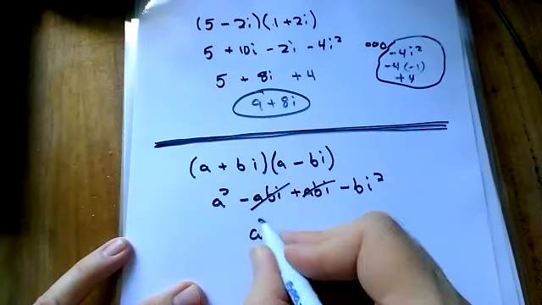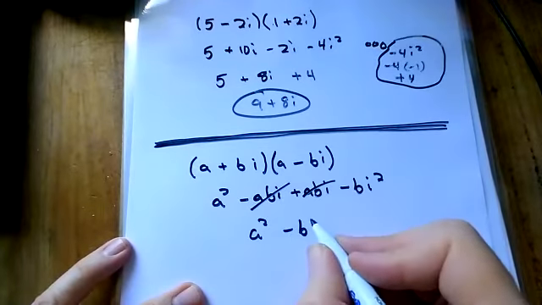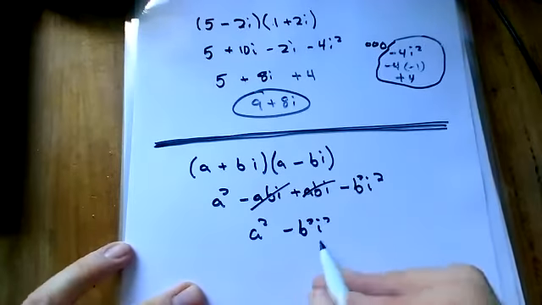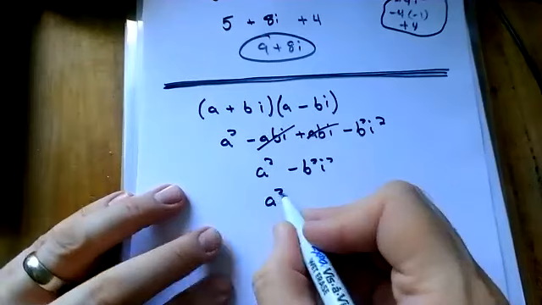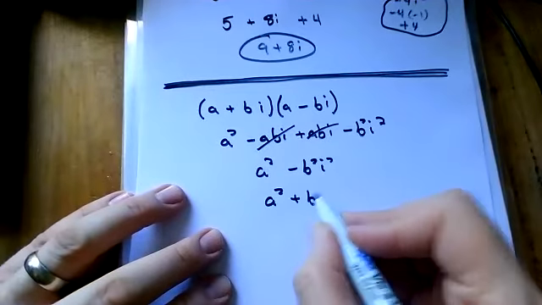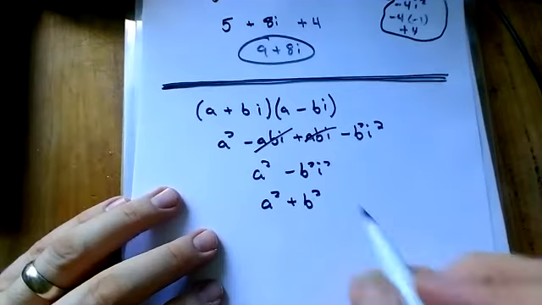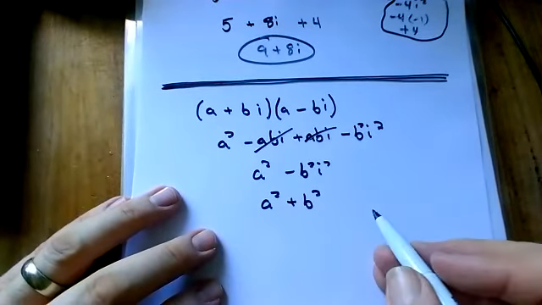So I've just got a squared and minus this, that's b squared i squared. But that i squared just is a negative 1. So this is going to turn into a squared plus b squared. Notice that there's no imaginary parts of this.